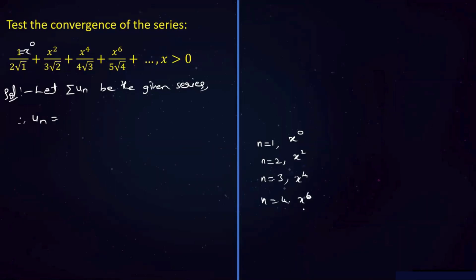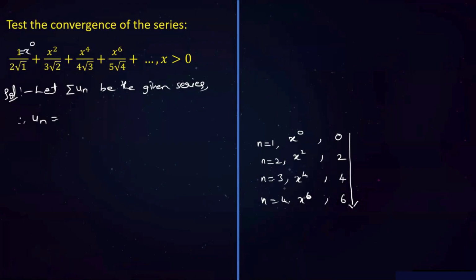In simple terms, anyway the bases are fixed, I'm only looking at the powers. When n is equal to 1, I should get 0. When n is equal to 2, I should get the power as 2. For n equal to 3, I should get the power as 4, and for 4, it is 6. Look at all these terms. They are all simple even numbers.